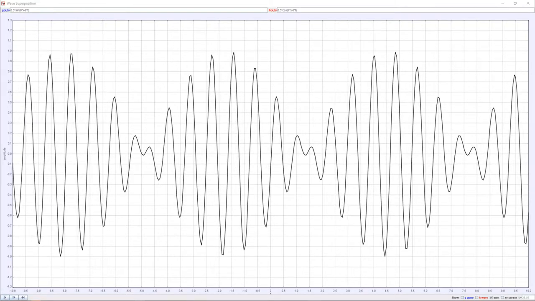Now, it's fun to come in here and just try different combinations of omega and k and see what different kinds of things we can get. We're going to do that later on. But for now, I want you to consider this idea that what we've created here is what's called a wave packet.